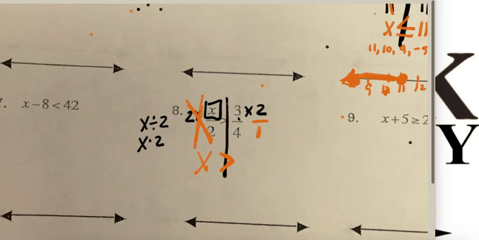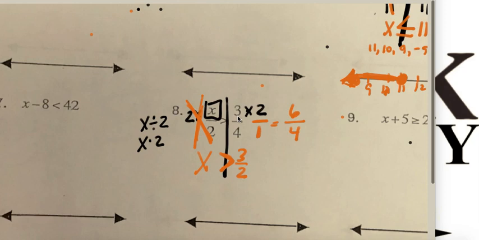Now, do I need to do keep, change, flip? Nope, because I am not dividing. I am just multiplying. So 3 times 2 is 6. 4 times 1 is 4. So my answer would be 6/4, or if you simplified it, you could divide both of them by 2, which would give you 3/2.